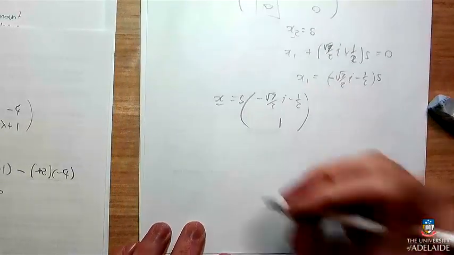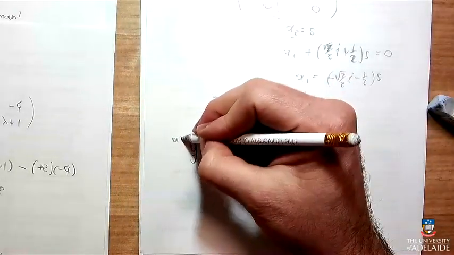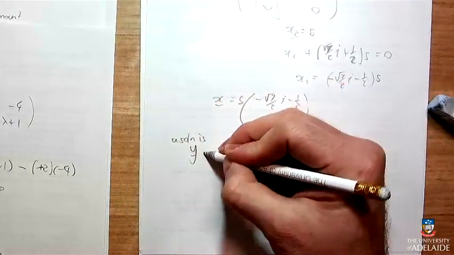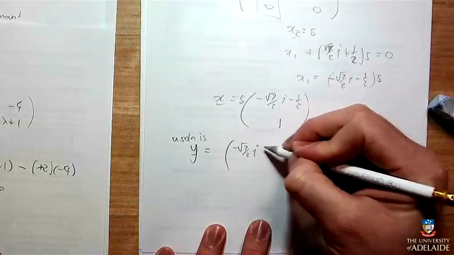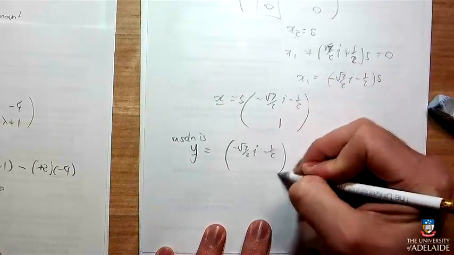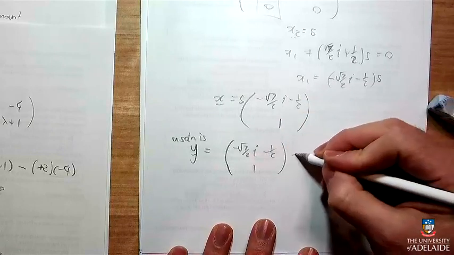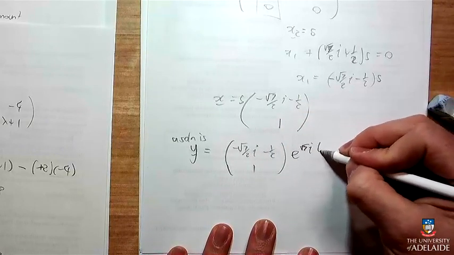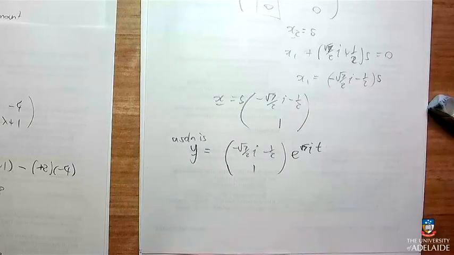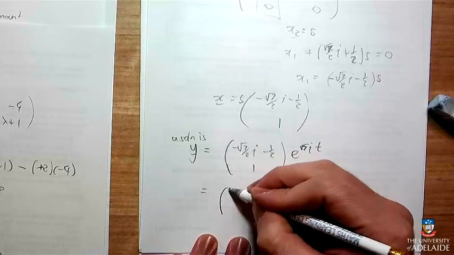So my solution is, a solution is my x times my e to the lambda t. And I'll expand that out and figure out the real bit and the imaginary bit.